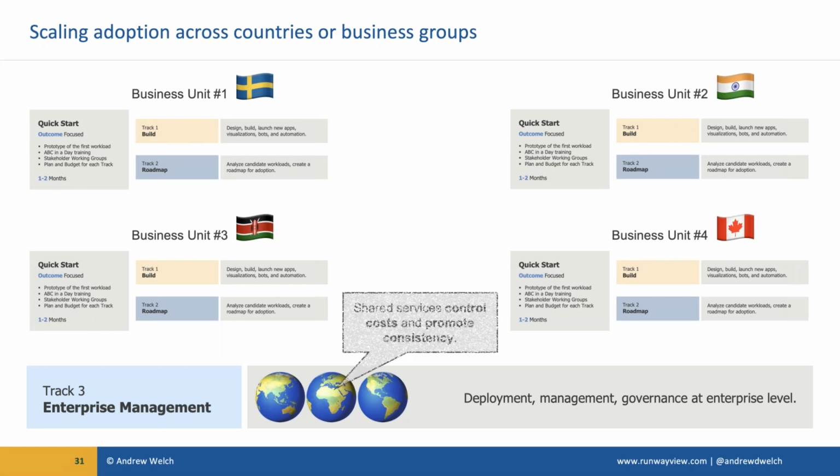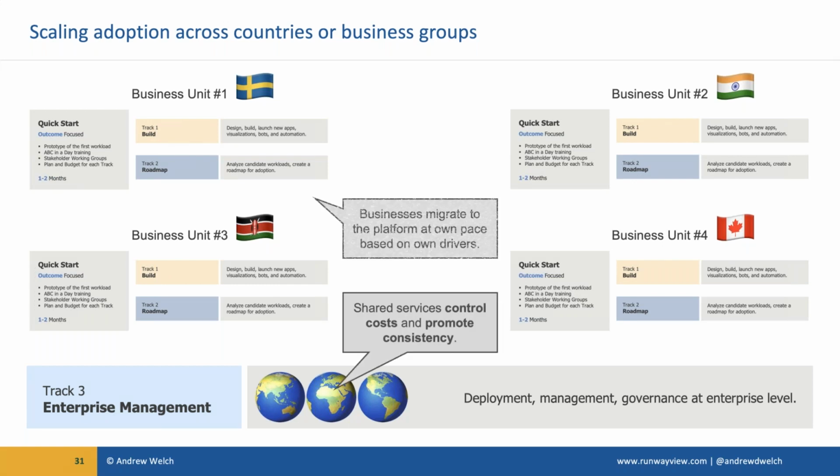So we've created shared services that control costs and promote consistency. Everyone can adopt the platform at their own pace, and as we go, we can look for opportunities to share resources and to economize on costs and effort where possible.